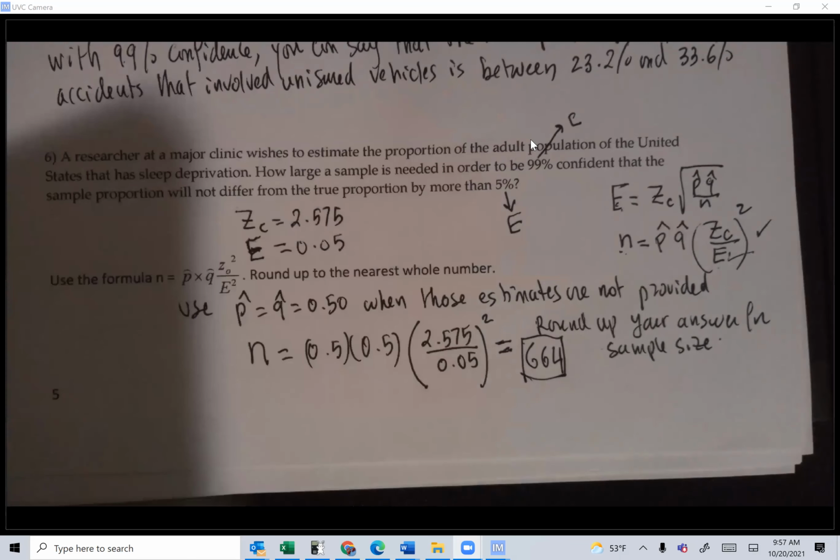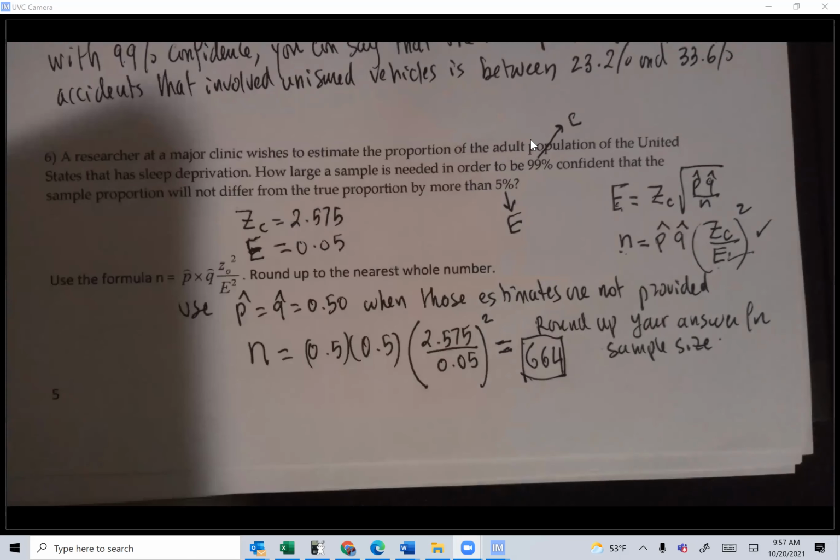Let's see, we've got a couple more. There's another one with sample size. A state highway patrol official wishes to estimate the proportion of legally intoxicated drivers on a certain road.